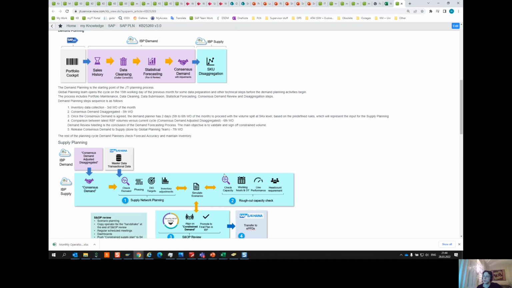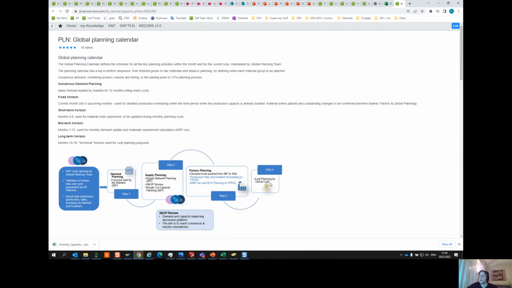But for planning, there are so many steps, so many different formulas, solutions, just a lot going on. So you can check the global planning calendar offline.